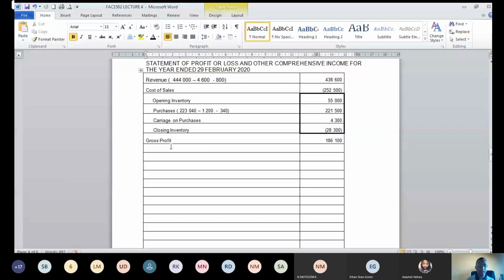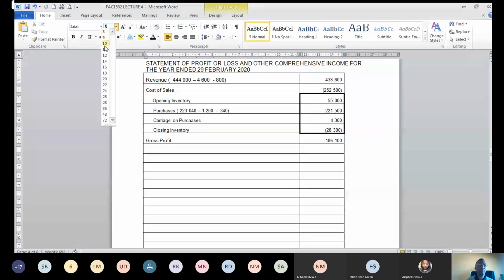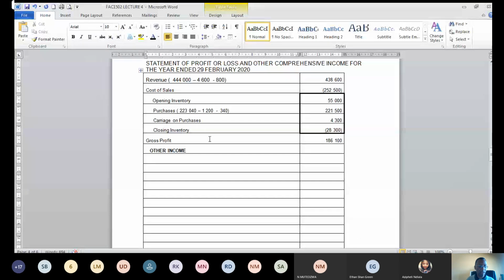Right, so I am taking it from our next heading. After you calculated the gross profit, your next heading is then called other income. Under your other income, we have identified just two income accounts, if you can recall from earlier.